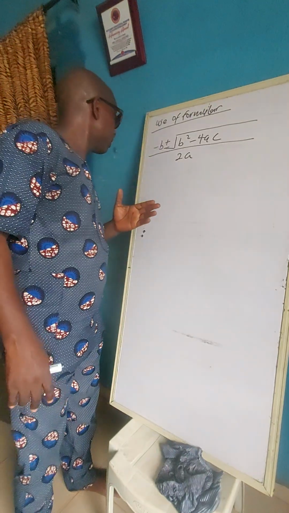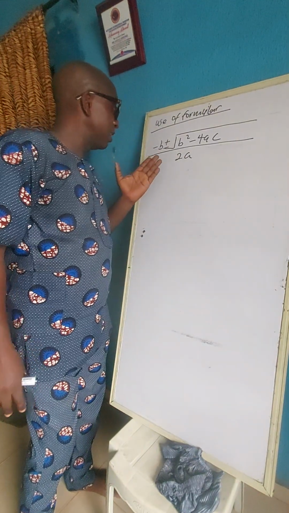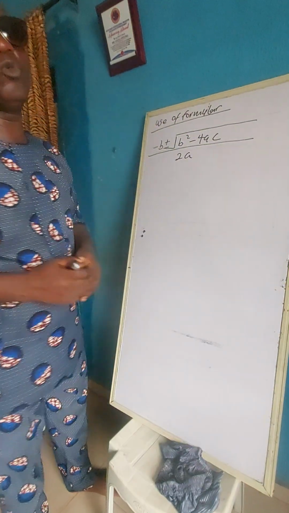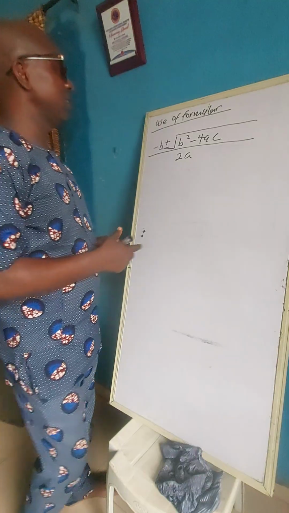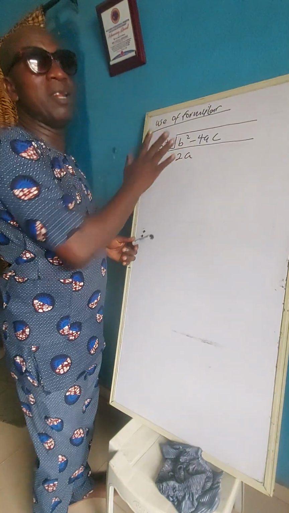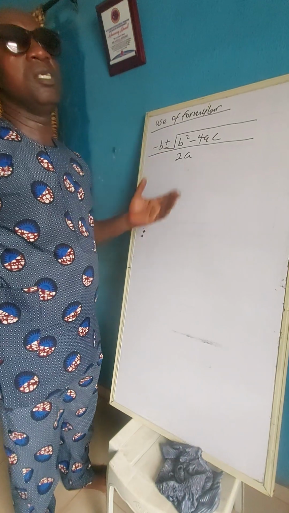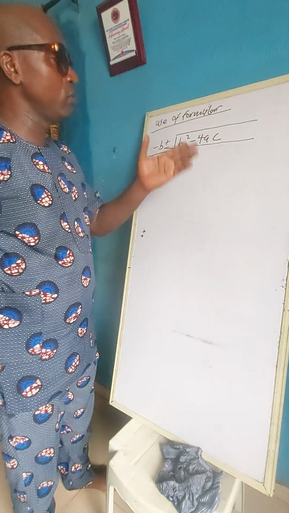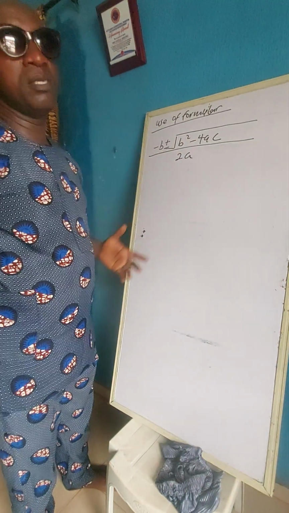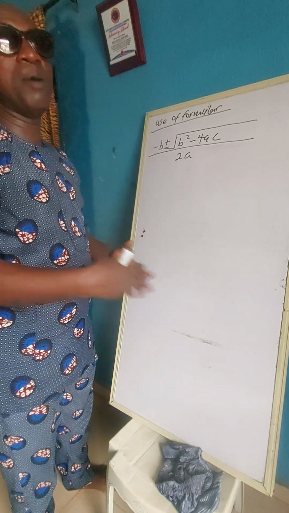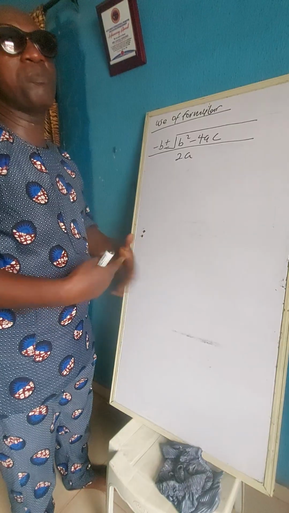Minus b plus or minus square root b squared minus 4ac all over 2a. This is the use of formula method. The formula is in your four-figure table, in your mathematical and statistical table. If you cannot put it directly, insert it in your head by gradual process. Practice brings perfection.